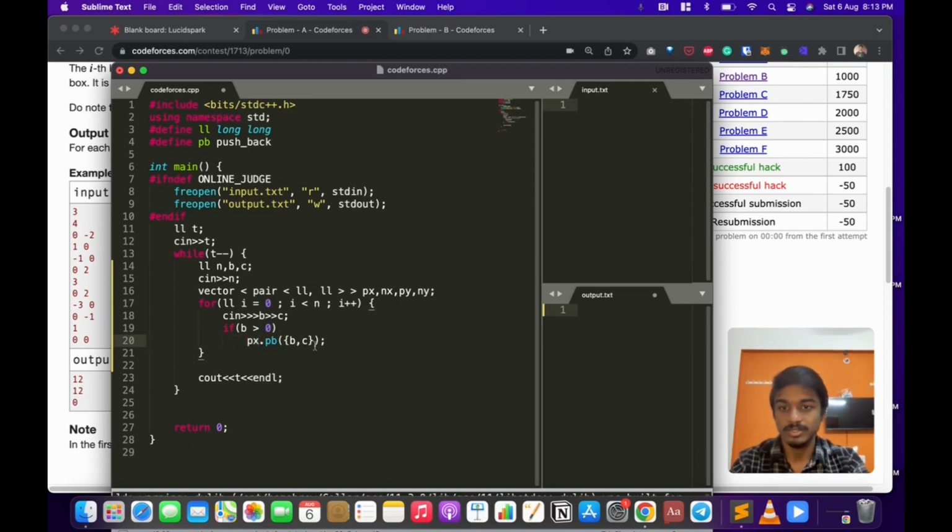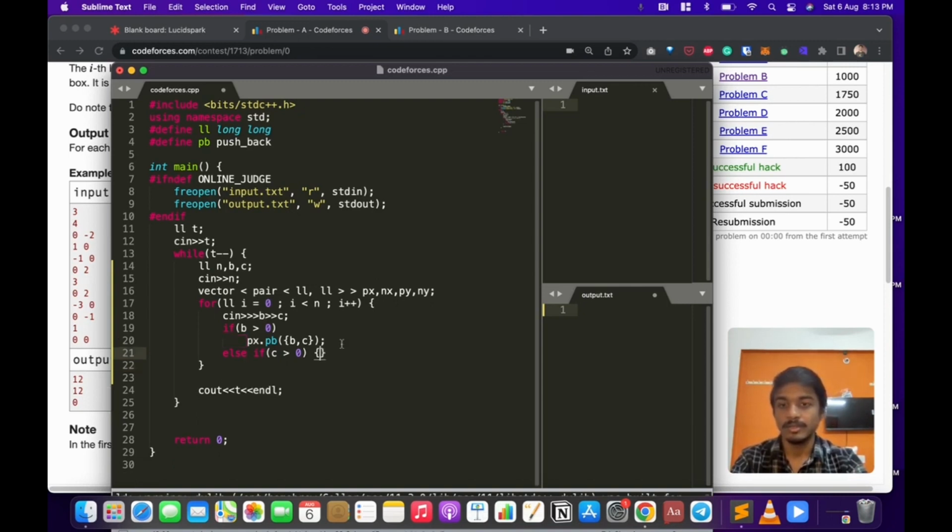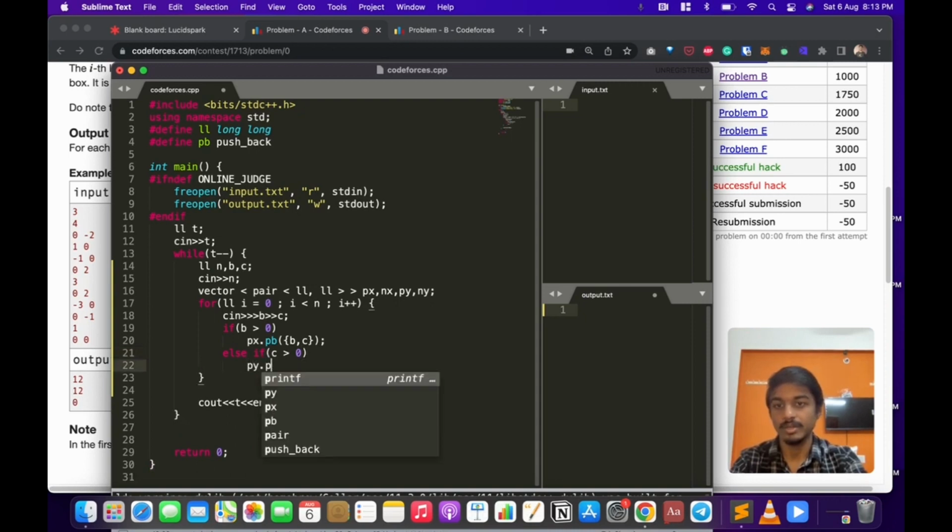It's positive x dot push back of b comma 0. Else if c is greater than 0, that is right side, that is positive y, right? So positive y dot push back of.